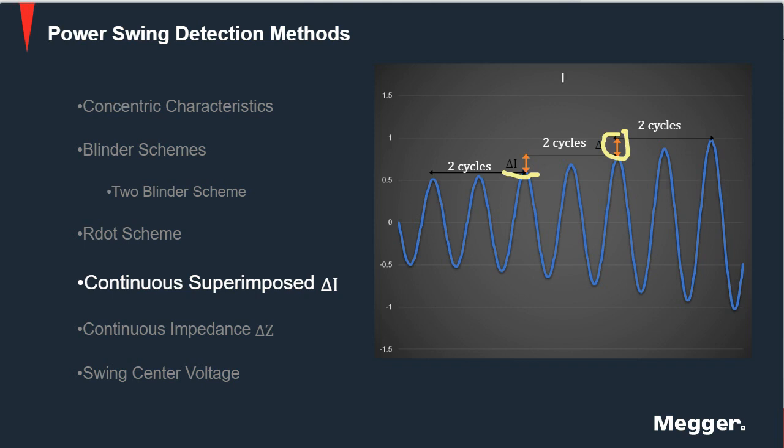You measure this continuously, and if the current increases too fast or too much, then you declare a power swing and you trip. This is independent of the voltages, so it's less prone to the errors that we have when we incorporate voltage and current into the same measurement.